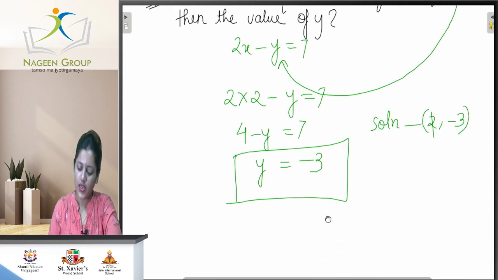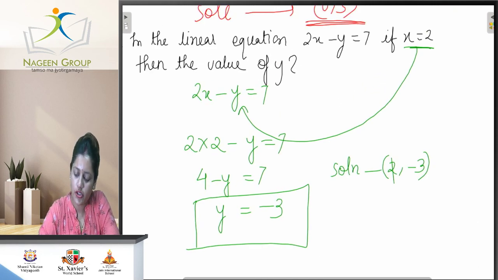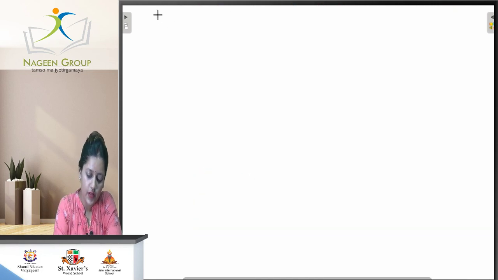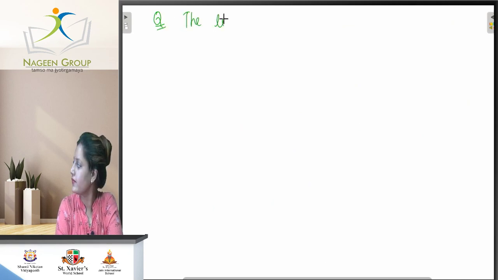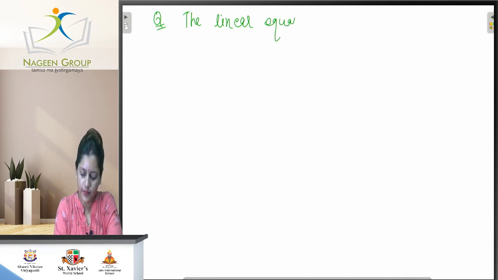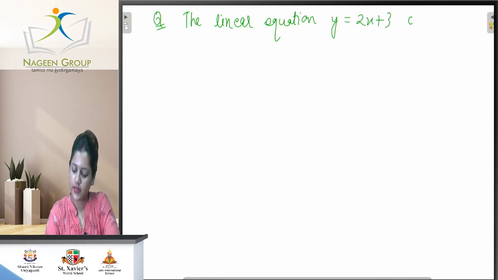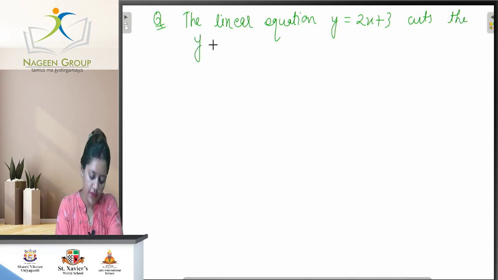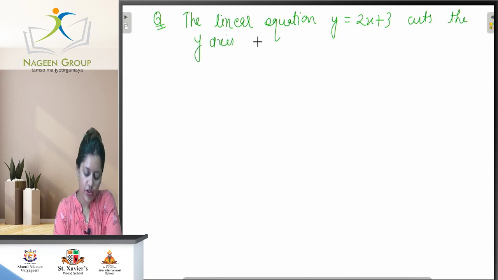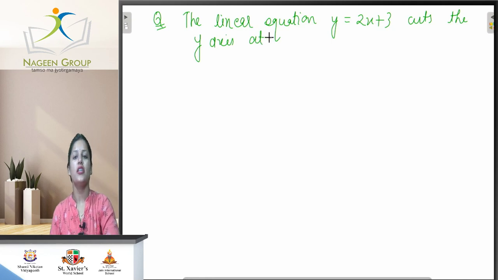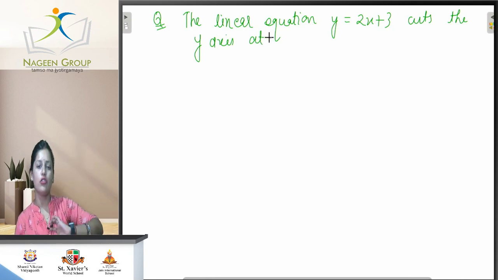Now there is another question: the linear equation y is equal to 2x plus 3 cuts the y axis. I have already told you that if the equation cuts the y axis, then x is equal to 0.